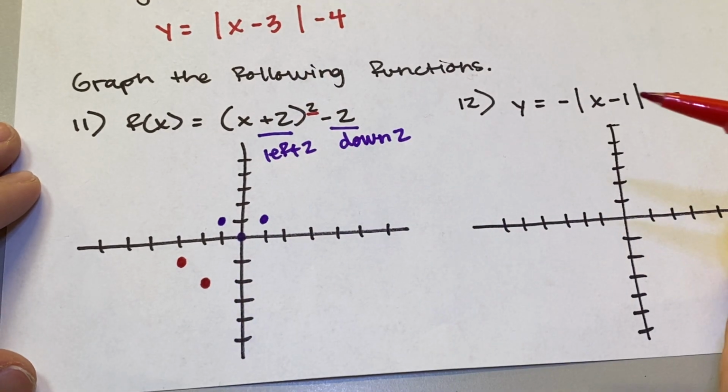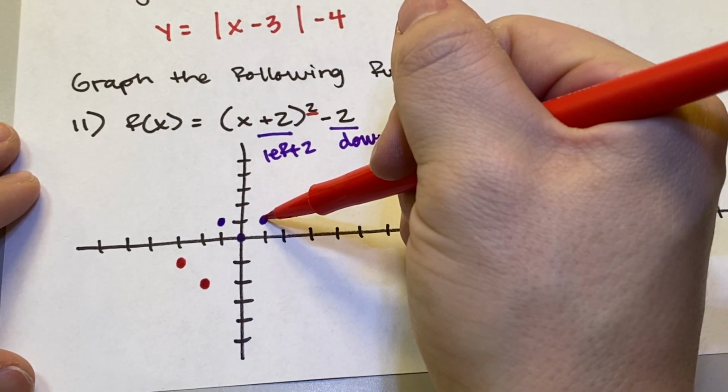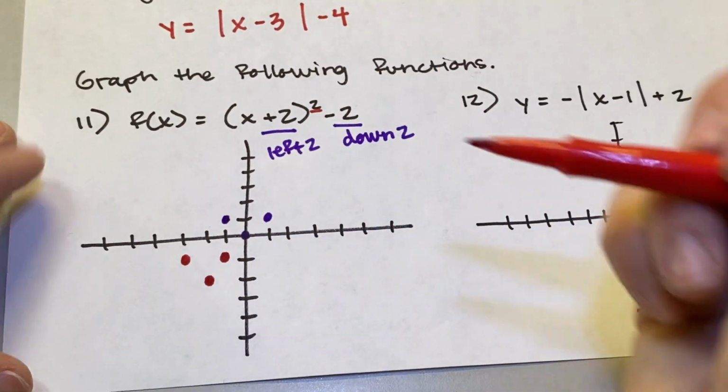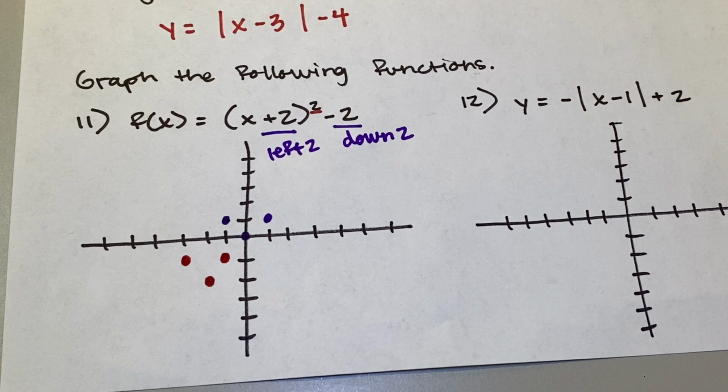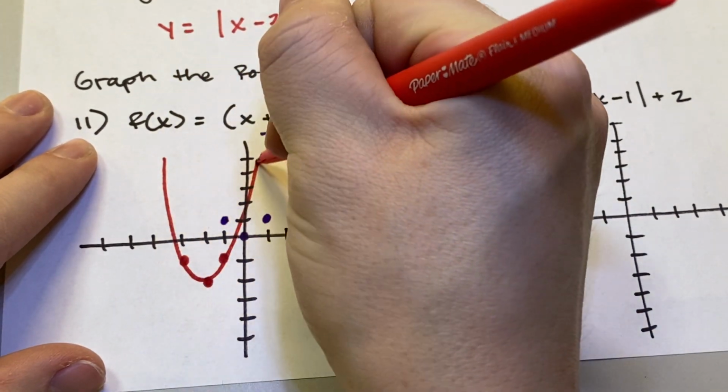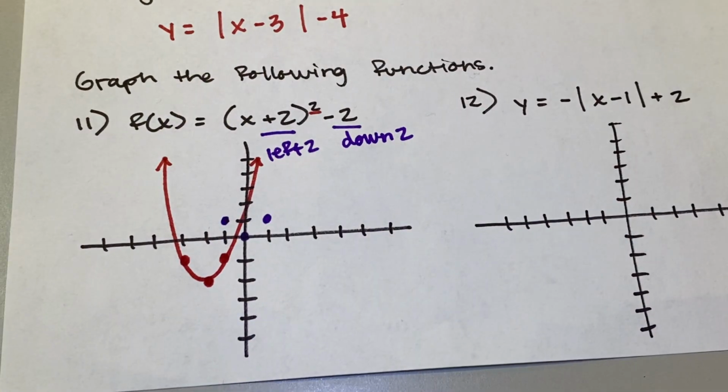Boom. And my last point, left 2, 1, 2, and down 2, 1, 2. Still makes the same shape, right? We just moved all 3 of those points. Now you can connect them with your parabola because it's a quadratic. And boom, it's graphed.